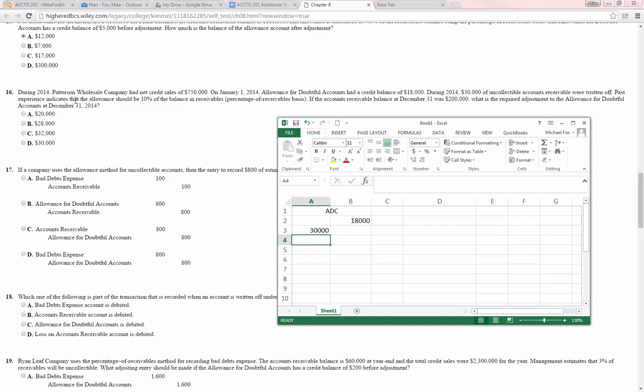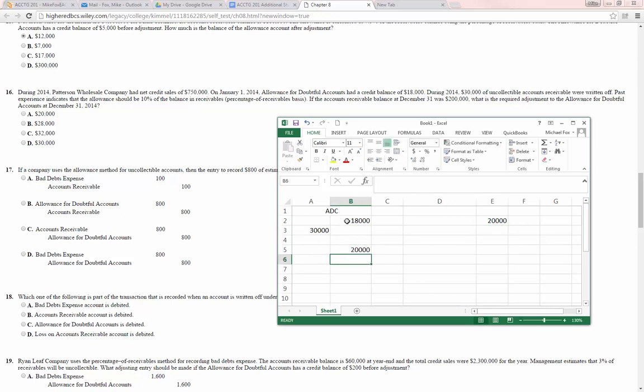Past experience indicates the allowance should be 10% of the balance in receivables, and the accounts receivable balance was $200,000. So we would say 200,000 times 0.1, which we all know is 20,000. So this account should have a balance then. When we're all said and done, we want it to have a balance of $20,000.